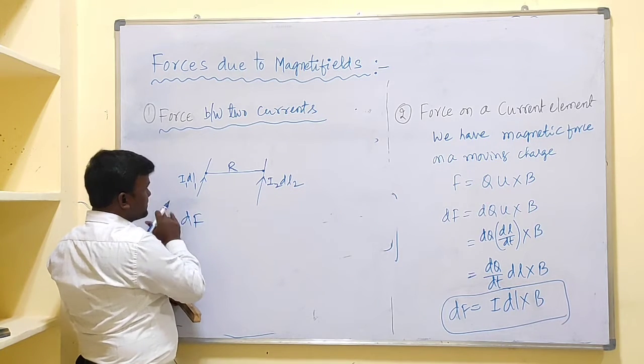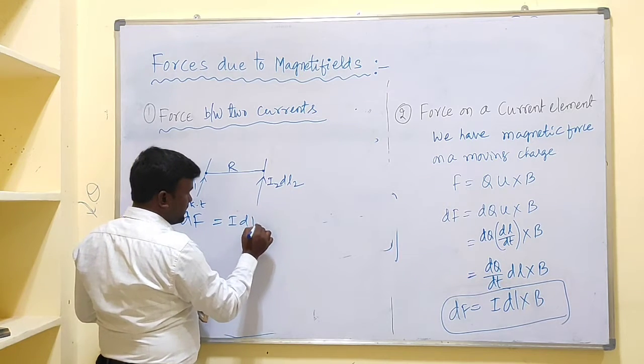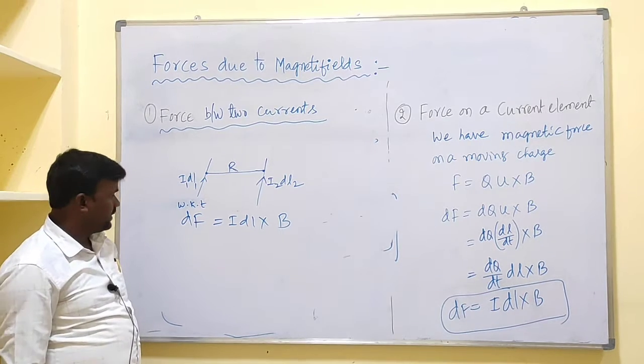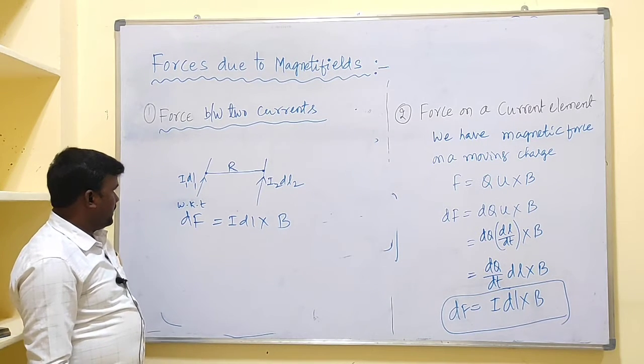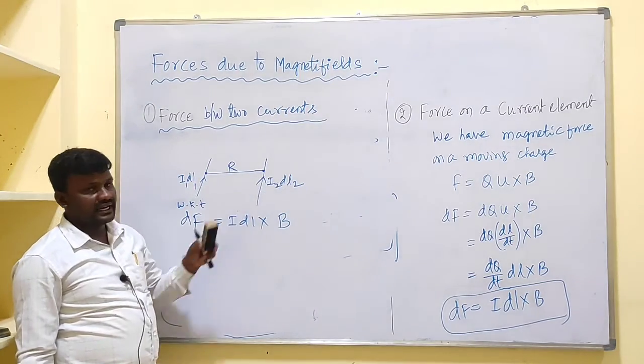We know that dF equals what? I dl cross B. Here I have I1 dl1, the force on the first current element due to the second current element.